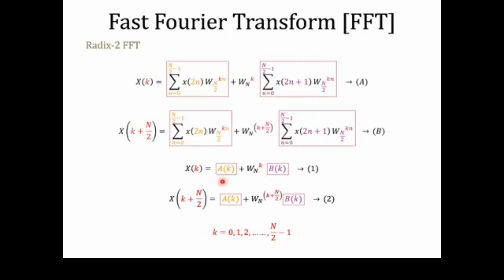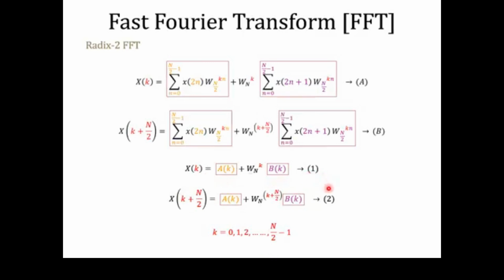So the conclusion is we will add the first 4-point DFT outputs with the second 4-point DFT outputs, but during this addition, the second 4-point DFT outputs, which are represented by B of k, will be multiplied with these constants, which are W8 0, W8 1, W8 2 and W8 3. So this equation 1 will provide the first 4 samples of the overall 8-point DFT output.